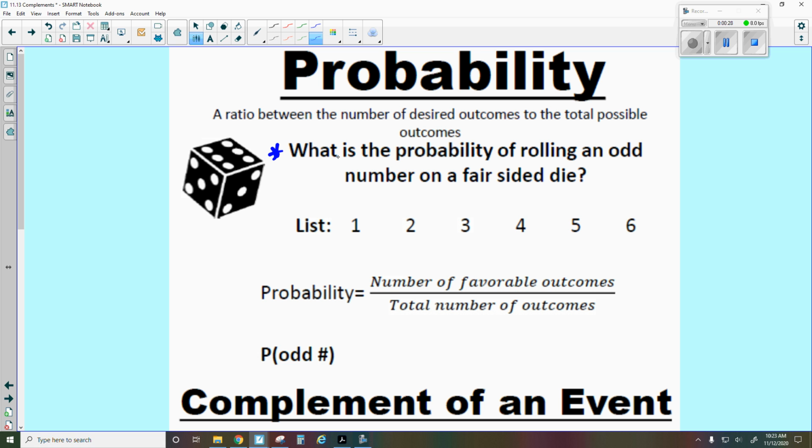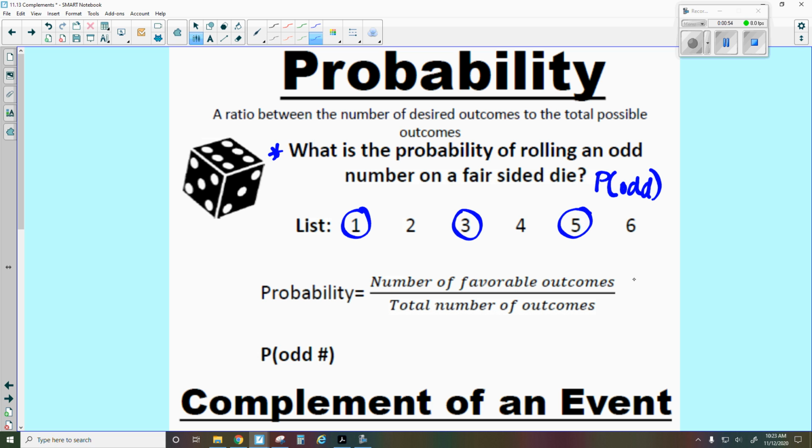So let's look at our first simple probability. What is the probability of rolling an odd number on a fair six-sided die? So a die is 6 sides, numbered 1, 2, 3, 4, 5, 6. So we're looking for the probability of an odd number. So we have 1, 3, 5, three odd numbers.